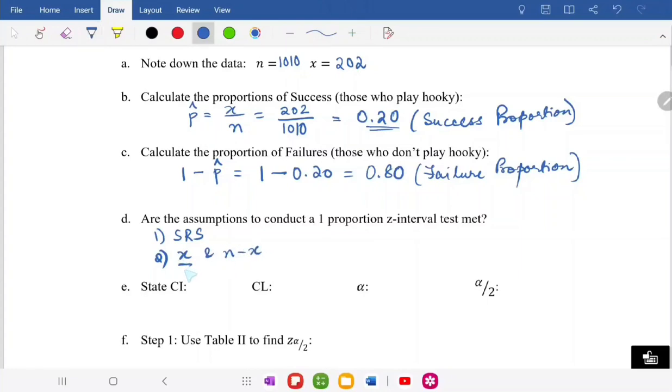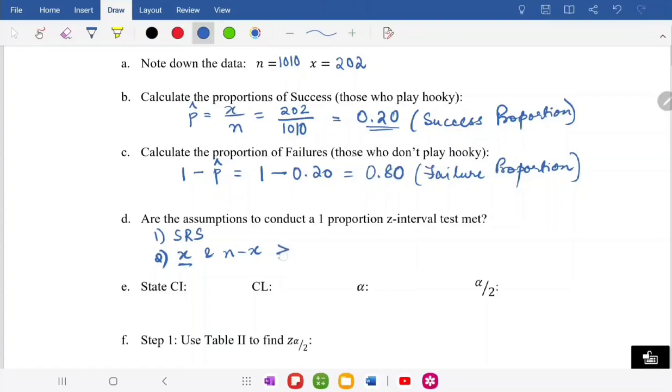X represents the number of people who fell in the success category, who responded yes to that specified criteria, and n minus x is the number of respondents who did not fall in that success category.